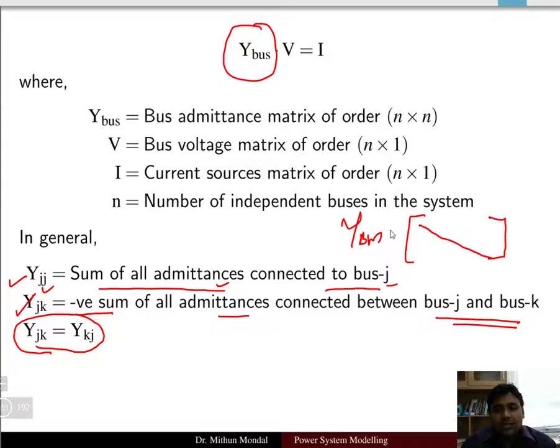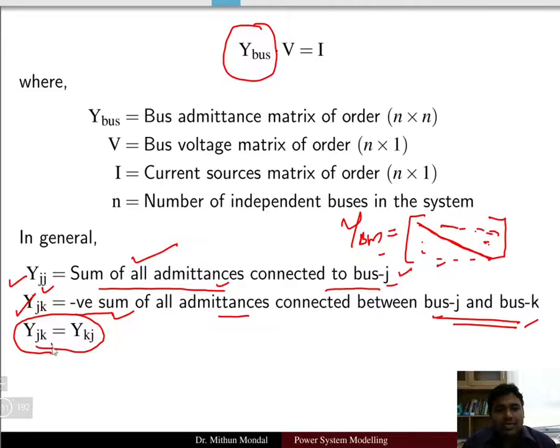In this way we can form the Y bus matrix by first filling up the diagonal elements, which are the sum of all admittances connected to bus j, and then the off-diagonal elements, which are the negative sum of all admittances connected between bus j and bus k. Since the matrix is symmetrical, Yjk equals Ykj, and we get the other values.